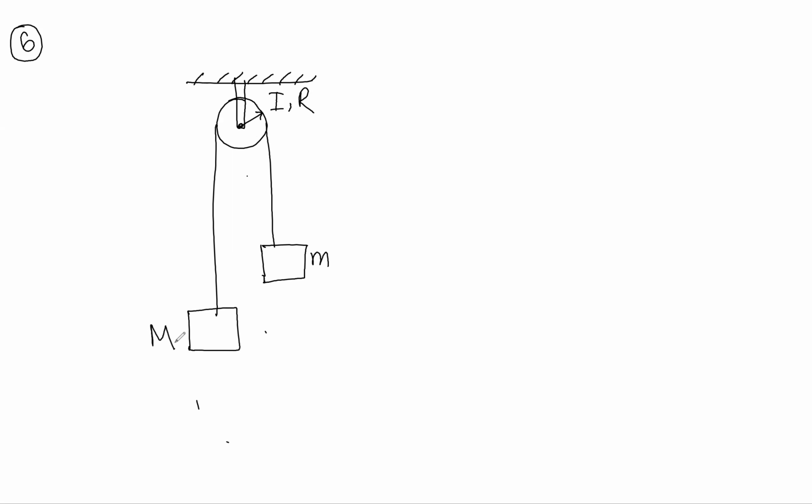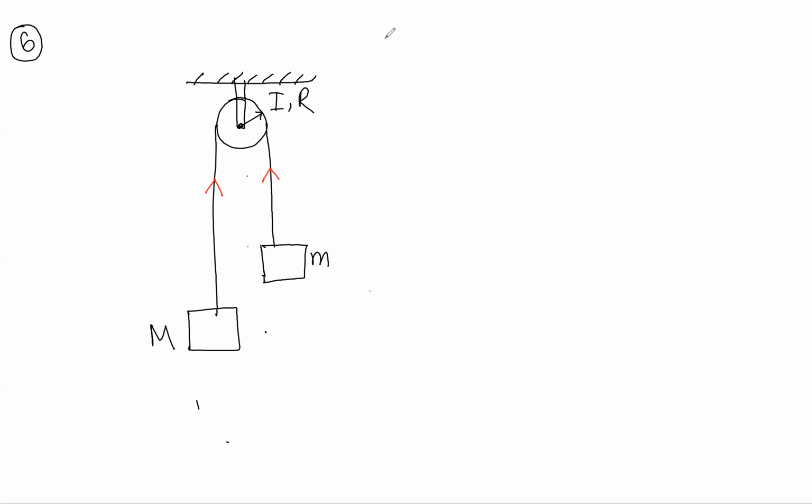This problem is going to teach you something new, because so far we haven't ever dealt with a problem where there are two masses or a string passing over a pulley. The first thing you should understand over here is that in a string, normally we say the tension on both sides is the same.